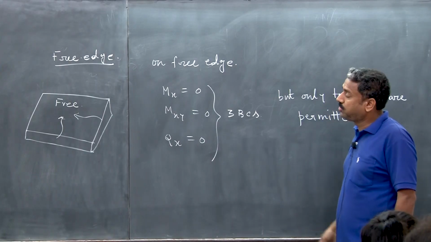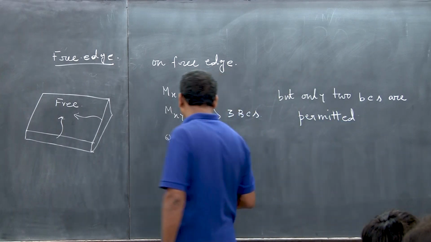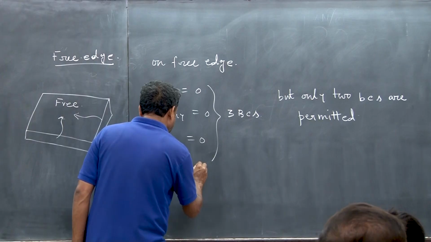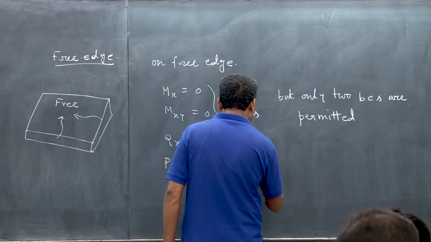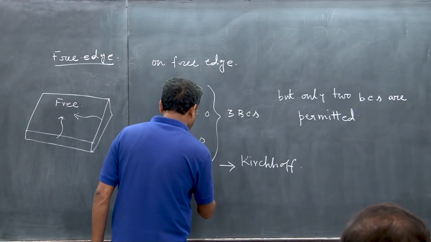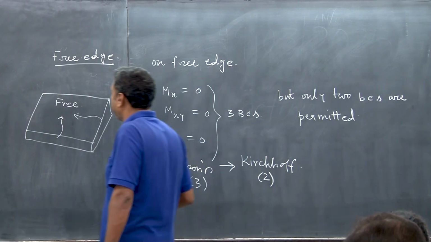So, what will you do? You have to somehow condense these three boundary conditions into two. These three boundary conditions were identified by Poisson, and it was modified by Kirchhoff from 3 to 2. How will that be done? That I am going to show.